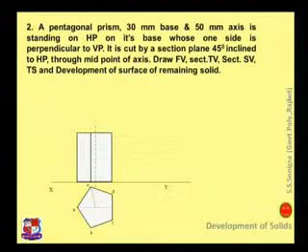Next, it is cut by a section plane 45 degree inclined to the horizontal plane through the midpoint of the axis. See, here the cutting plane is inclined at an angle of 45 degree to the horizontal plane, as well as it passes through the midpoint of the axis, or we can say it bisects the axis.